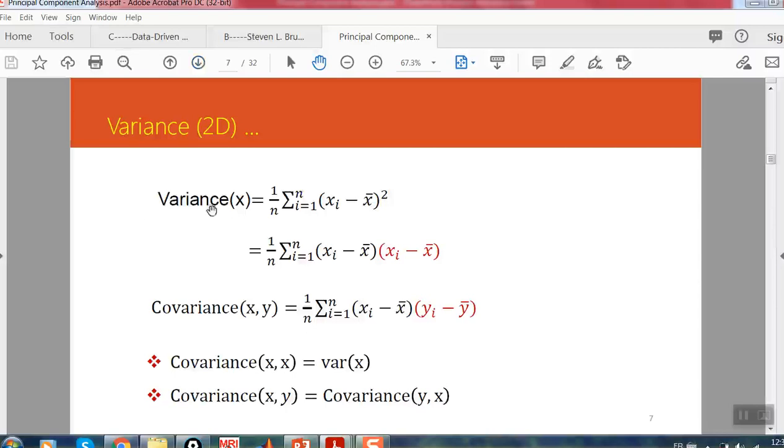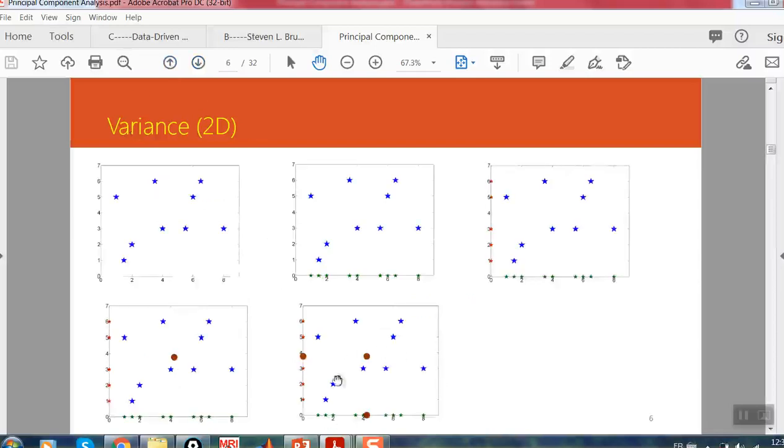Then the variance is like this. So for two-dimensional data, we can calculate the variance along each direction, along x and along y.